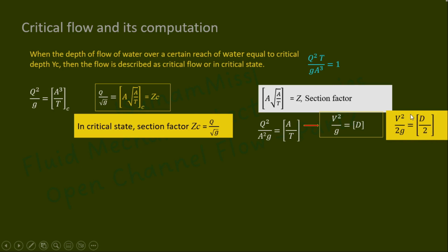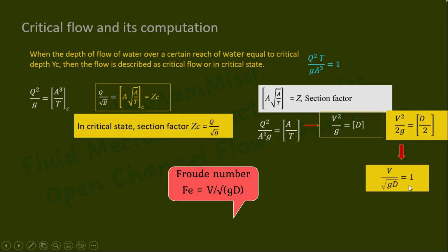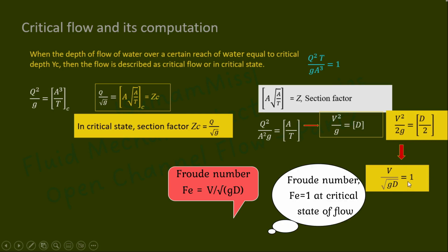So remember, in critical state of flow, velocity head equals half the hydraulic mean depth. From this expression, we can write V by root of G D equal to 1. This is another criterion to represent the critical state of flow.